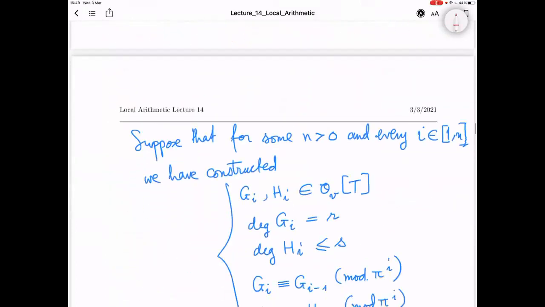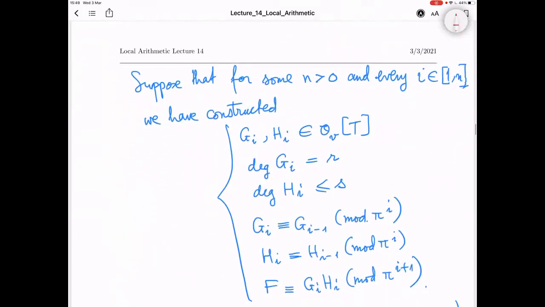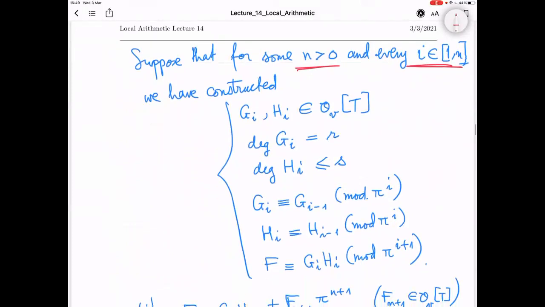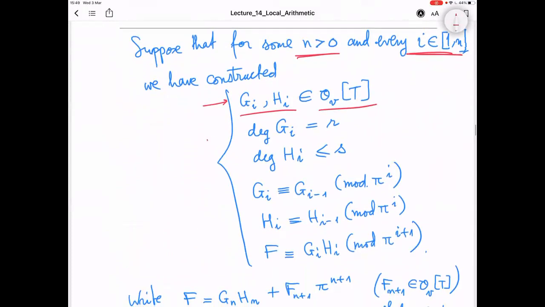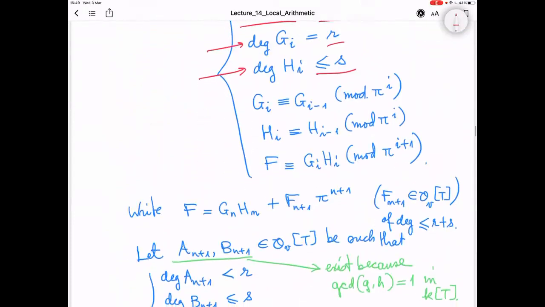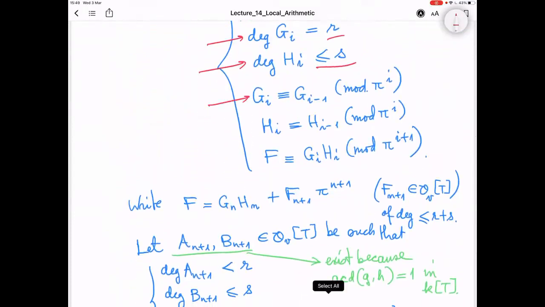Okay, so what is the next step? Suppose that for some n, and for every i from 1 to n, I found polynomials gi, hi with coefficients in OV, such that the degree of gi is r, the degree of hi is less than s. Gi is congruent to gi minus 1 modulo pi to the i.